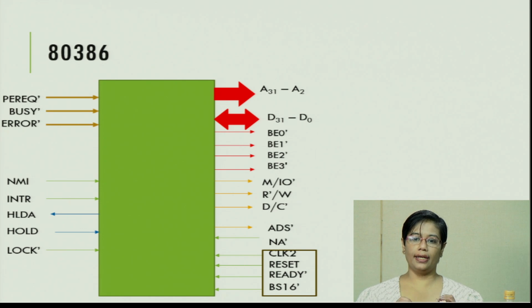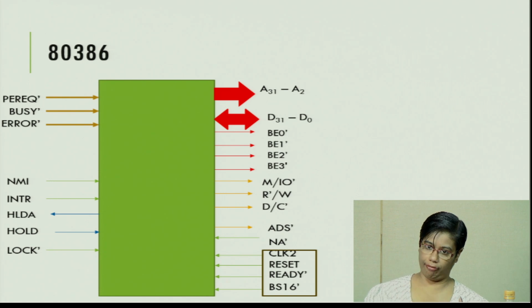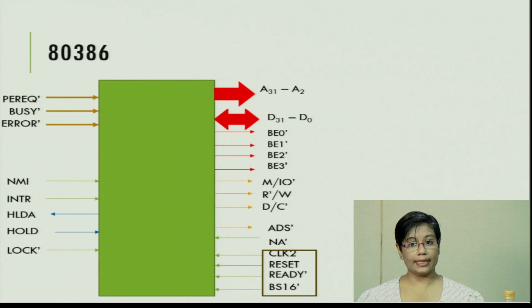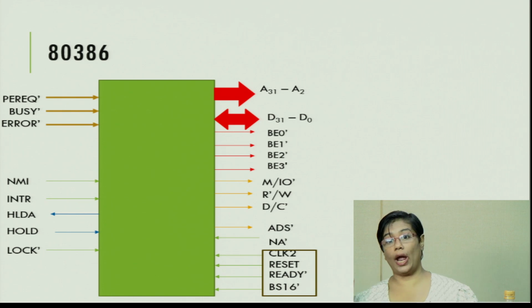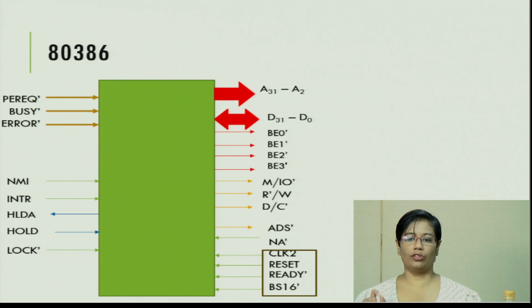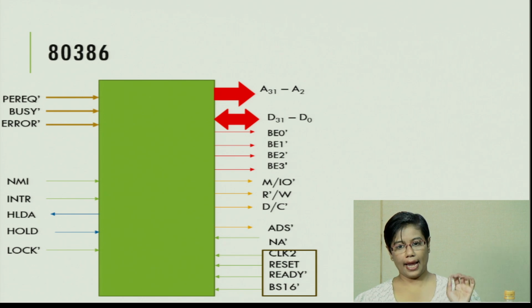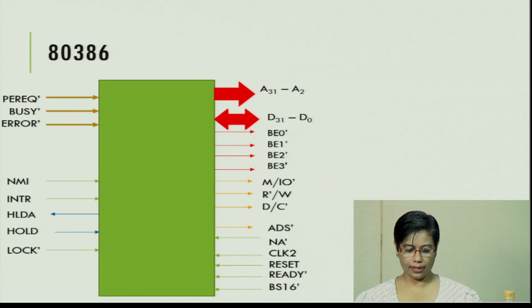In case of 8086 it was 8284, for 80286 it was 82284. In case of 80386, it's 82384. So 82384 is the clock generator which is used along with 80386.